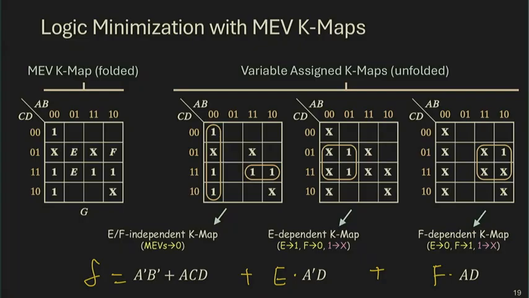So the impact of E and F never happen on the same position. So it would never have a case that depends on both E and F. And if you choose to create a new K-map, E equals 1, F equals 1, 1 equals X, anything you find over there will be a subset of what you already found in the E-dependent or F-dependent K-map.